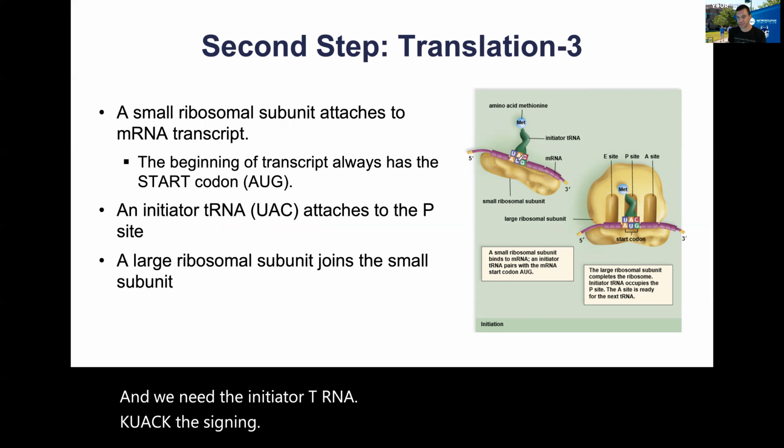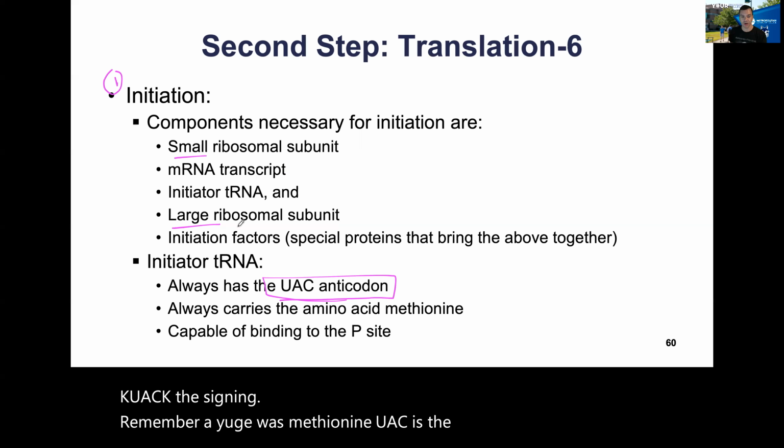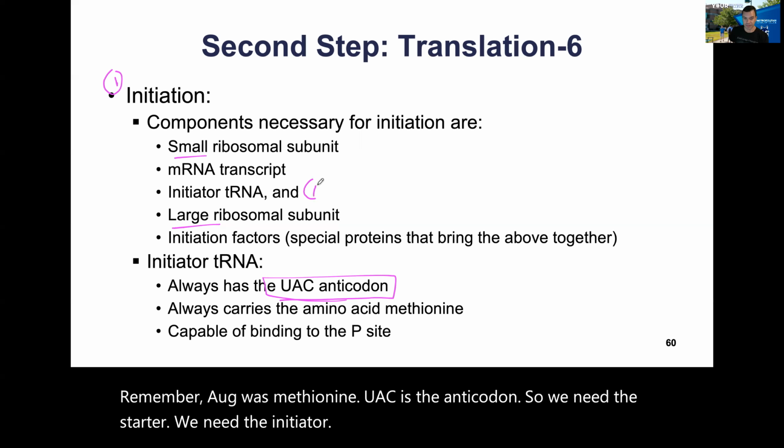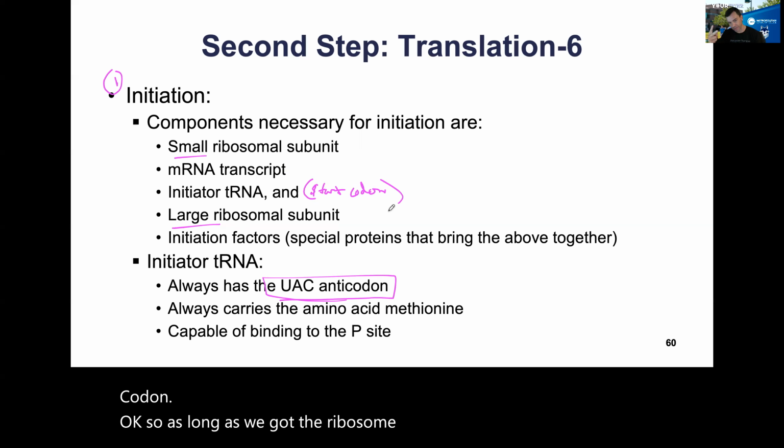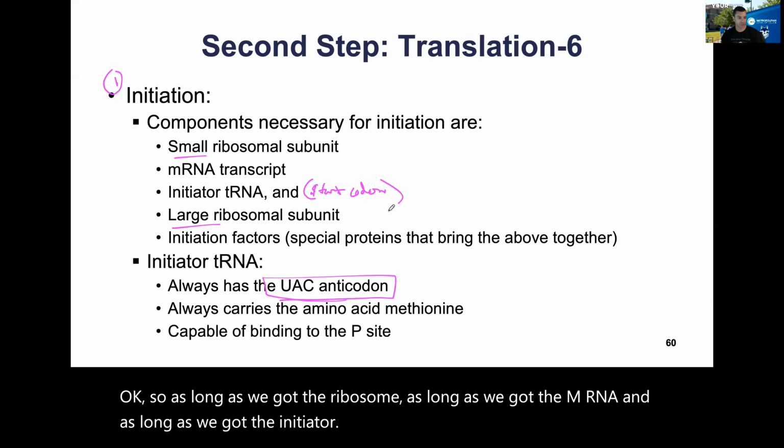Remember, AUG was methionine. UAC is the anticodon. So we need the starter, the initiator. Right there, start codon. As long as we got the ribosome, the mRNA, and the initiator, we're good to go.